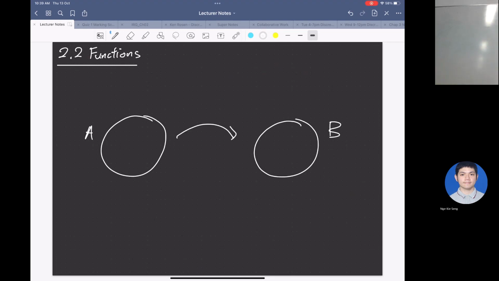So we create a thing called function. Maybe these are the elements: x1, x2, x3, x4, x5, x6, x7. On the other side you have y1, y2, y3, y4, y5, y6, for example.